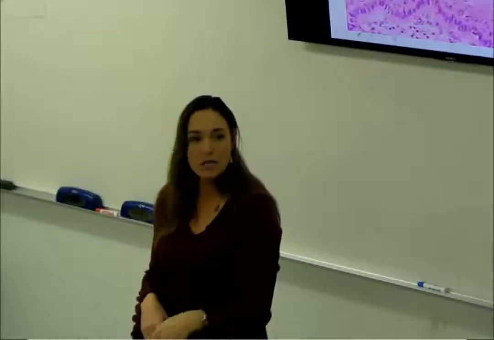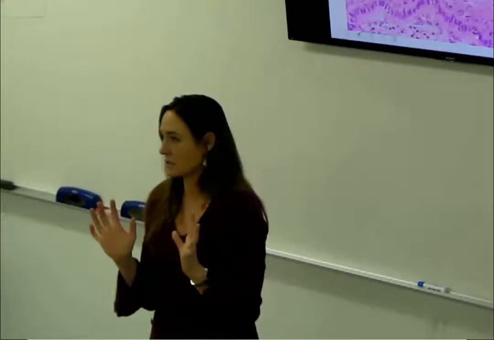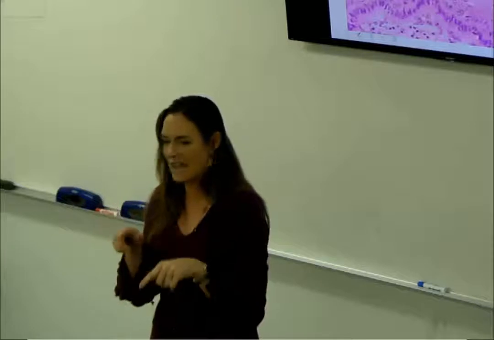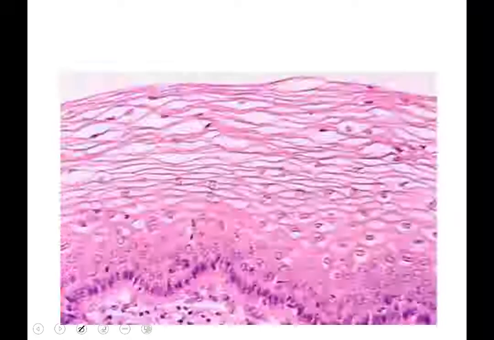And I don't care that you identify where that particular slide is. So for instance, on the simple cuboidal cells, what was the kidney? If you were to say glands, that works for me. I don't care that you memorize that exact picture where it came from in the body. I just want you to see it, be able to name it, but then just know anywhere in the body you could find that tissue type.